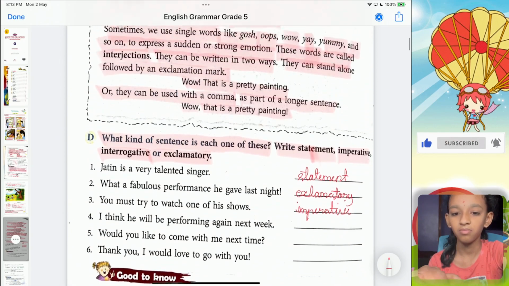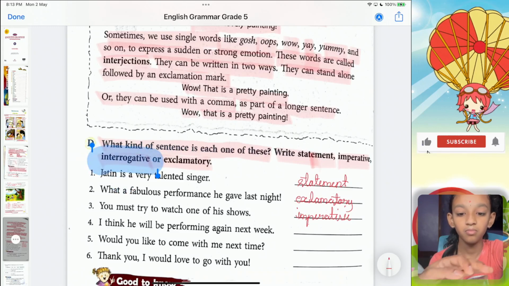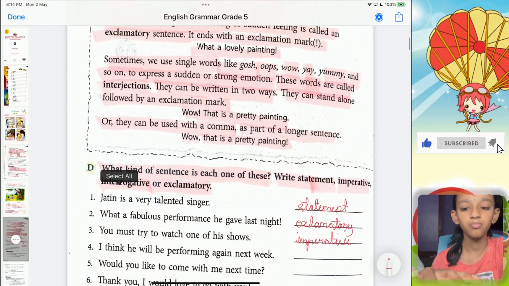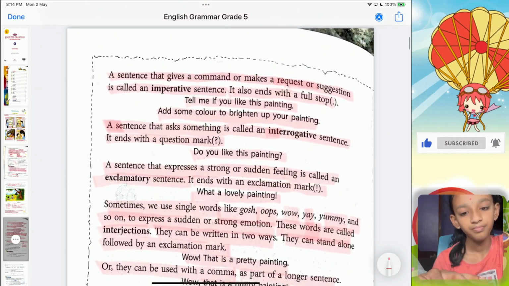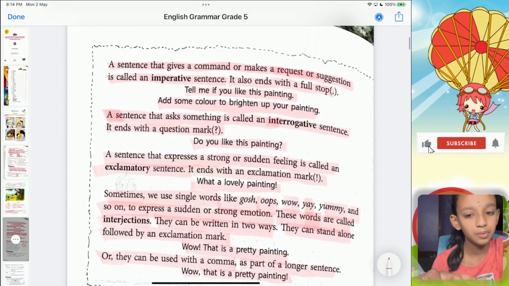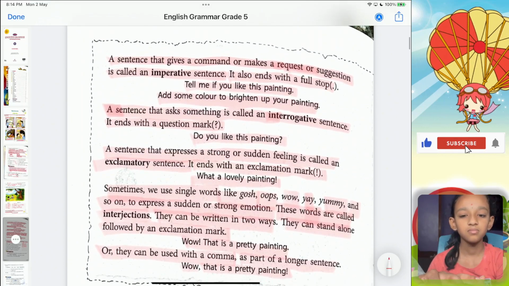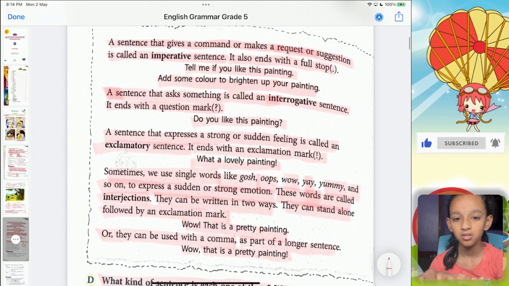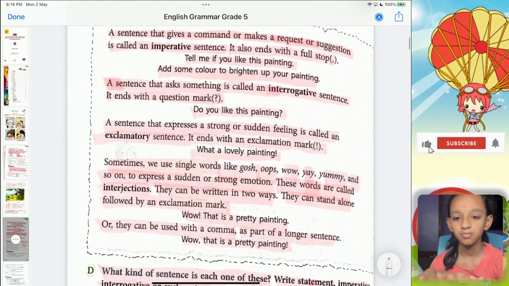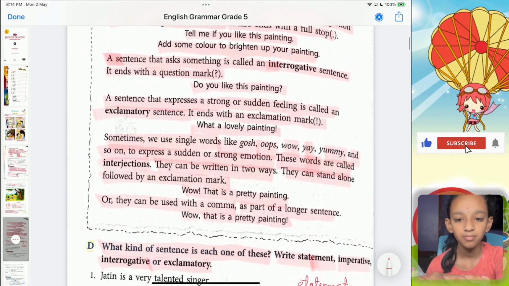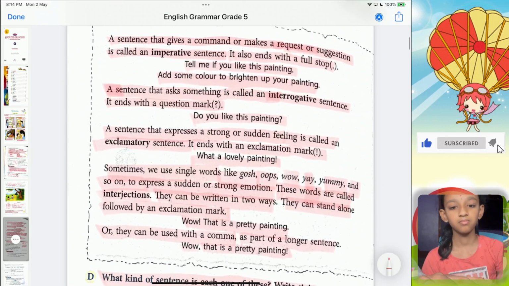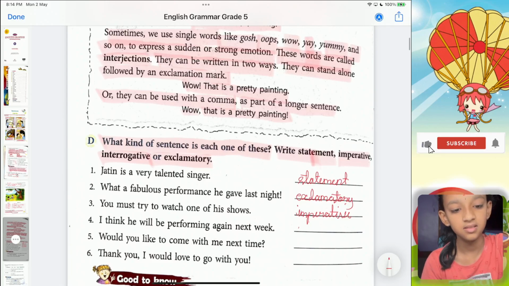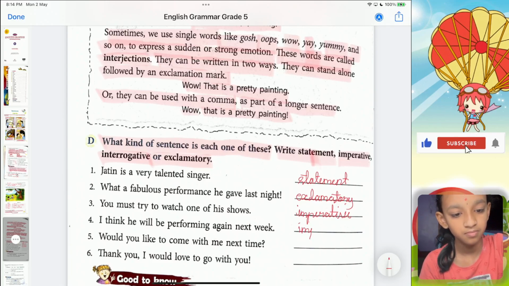So if you go up, it's an imperative. Yeah, it's an imperative sentence.